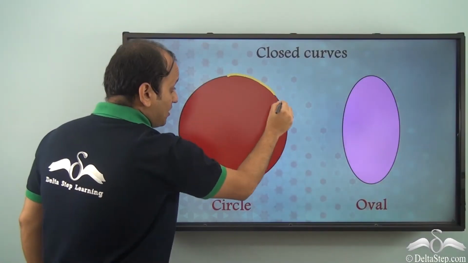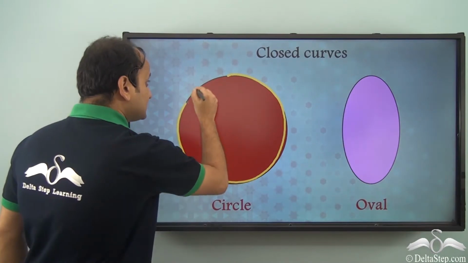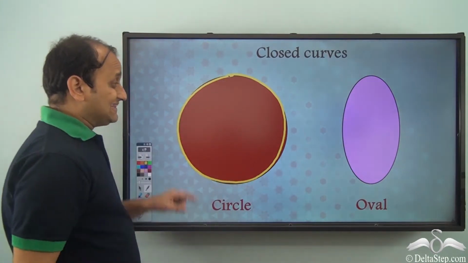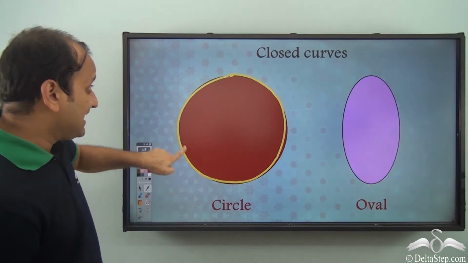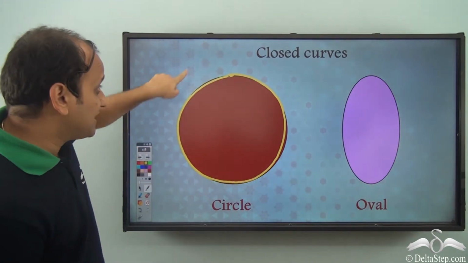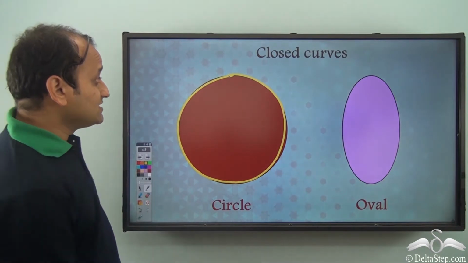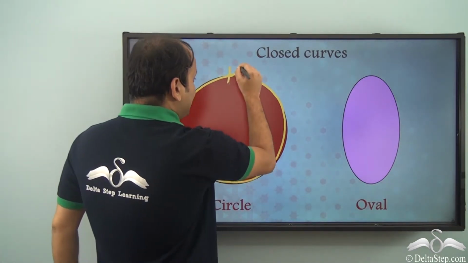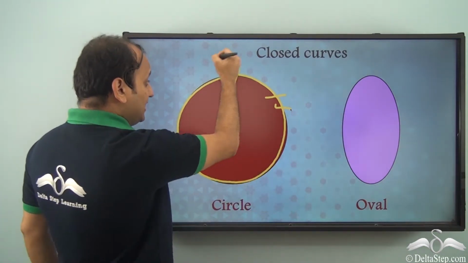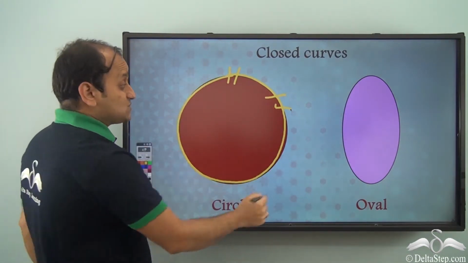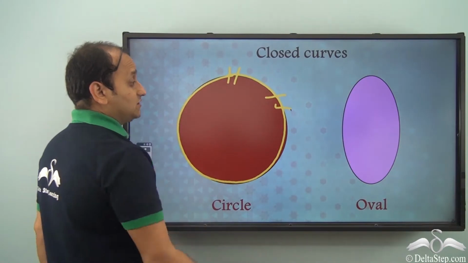Because these are made up of curved lines and they do not have any open point. They are completely enclosed by this curved line. So there is no space or cut anywhere. Can you see? It's completely closed. That's why it is a closed curve.